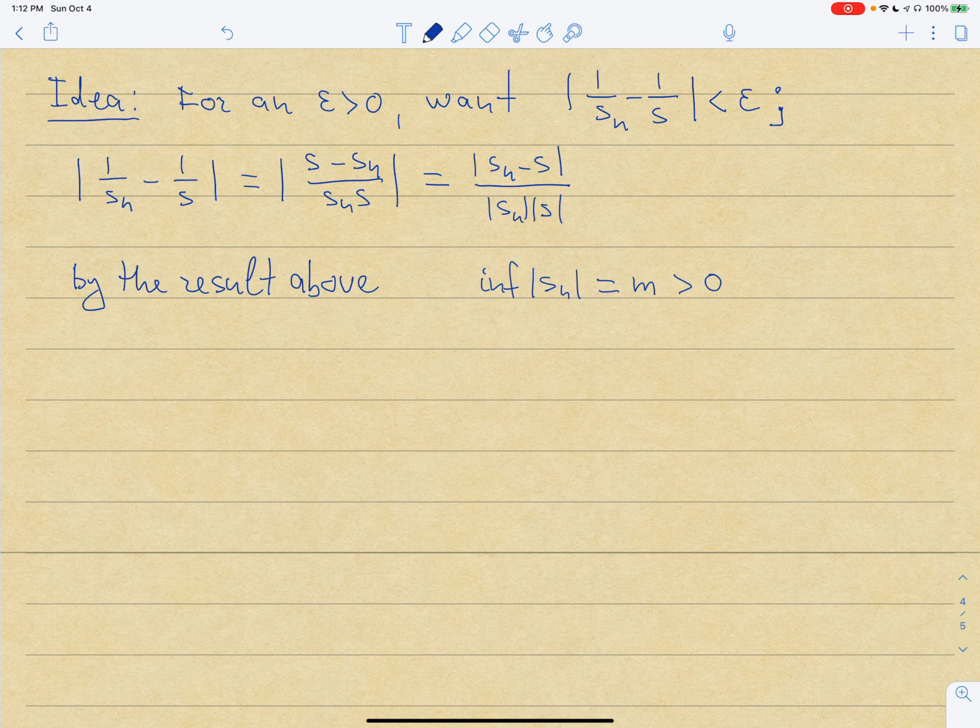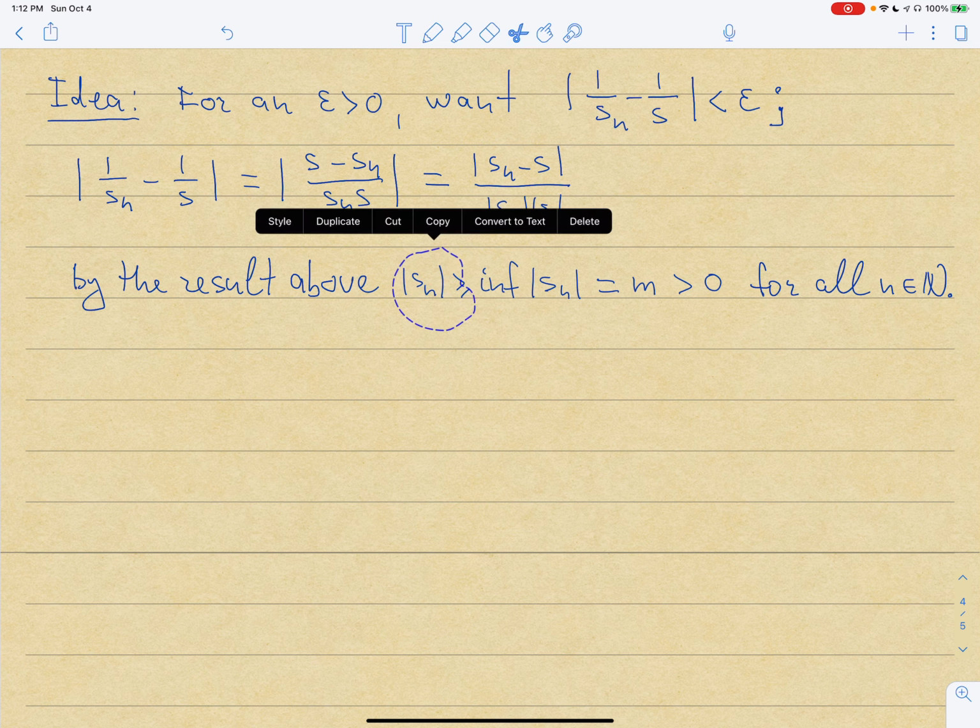How is infimum of Sn related to absolute value of Sn? Of course, absolute value of Sn is greater or equal than the infimum. And this should be true for all n, which is a natural number, right? So for all n greater or equal than 1, magnitude of Sn must be bigger than or equal to m, which is bigger than 0.